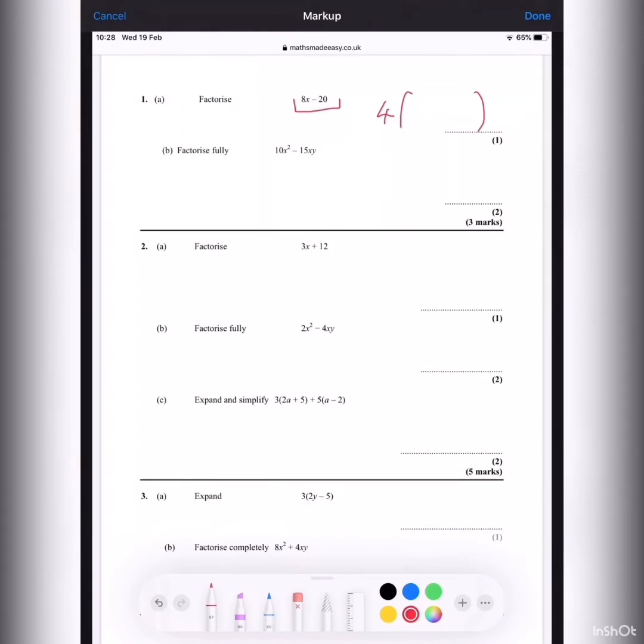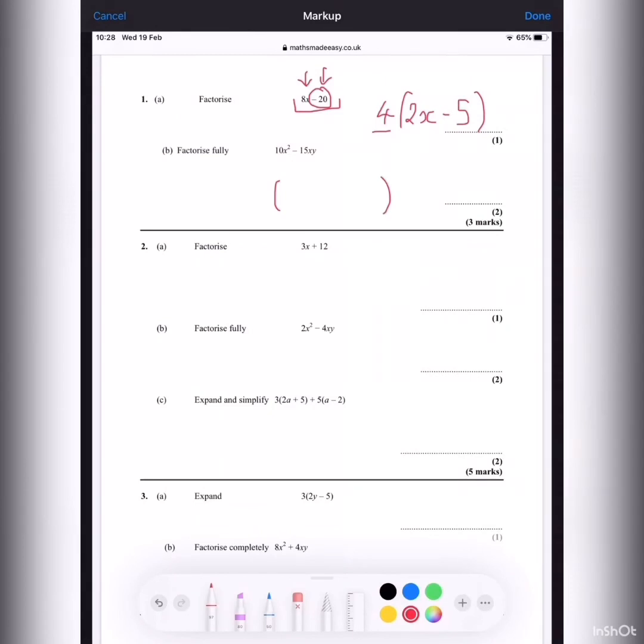So what do we times 4 by to get to 8x? Well, it must be 2x. And then what do we times 4 by to get to minus 20? So that would be minus 5.